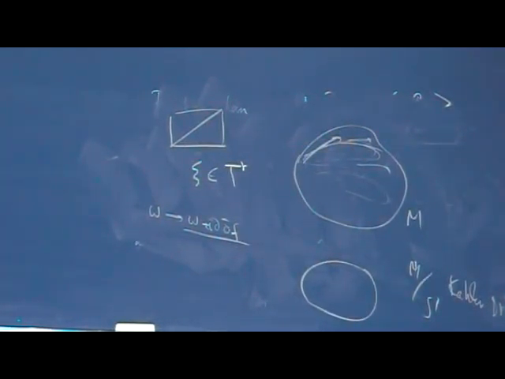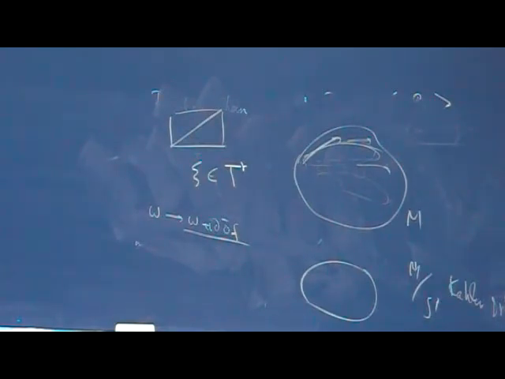You deform one complex one-form. You want to deform it so that eta_t is eta plus eta_t.